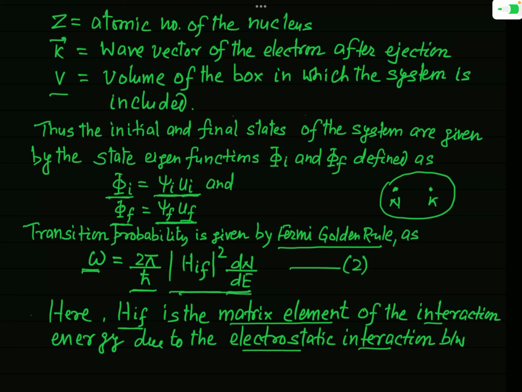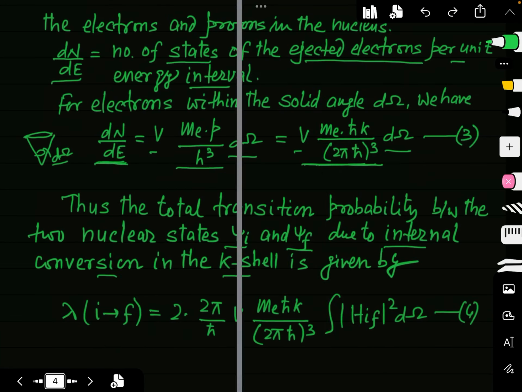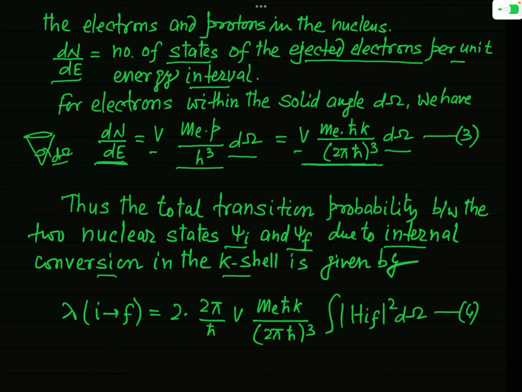Now we will substitute the value of dn by dE, and then integrate the result over all possible directions in which the electron will be ejected. Then we will get the total transition probability. And that transition probability is simply the decay constant. So the decay constant represents the transition probability from the initial state to the final state, which I have indicated inside this bracket as I to F.